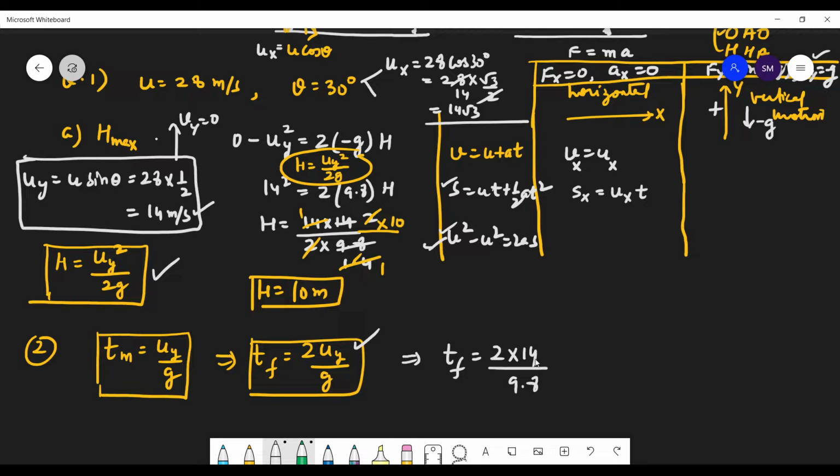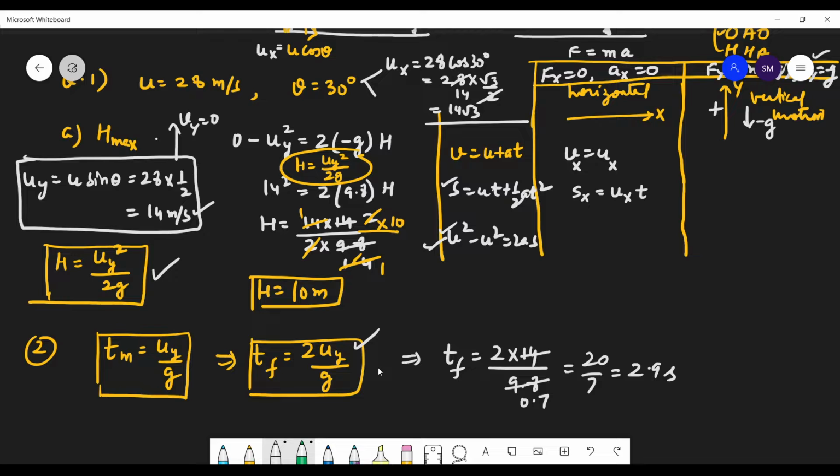So 14 sevens are 98, so the time of flight is 20 upon 7, and that's roughly 2.9 seconds. So that's the time of the flight.